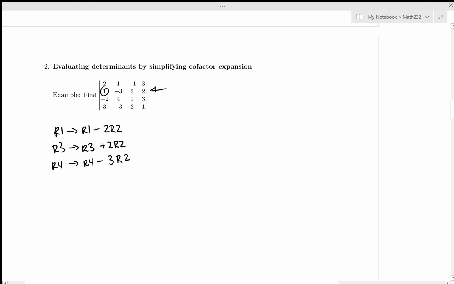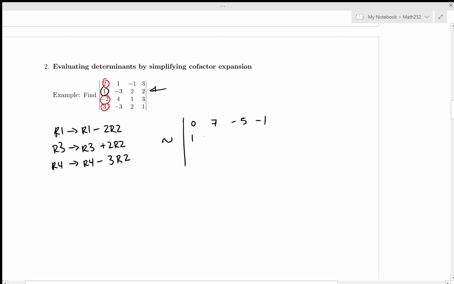The objective is to get a 0 here, here, and here. That is my idea for these row operations. When I do that, I get a row equivalent matrix, and it looks like this.